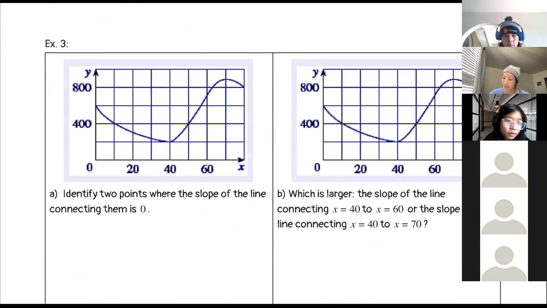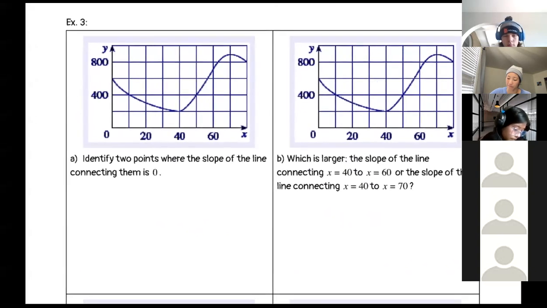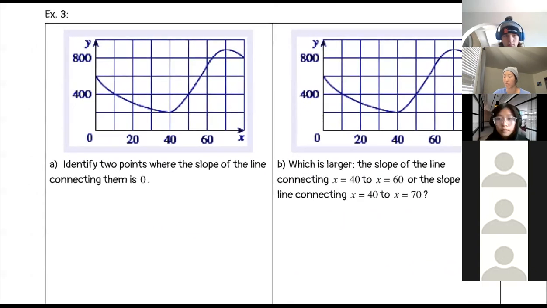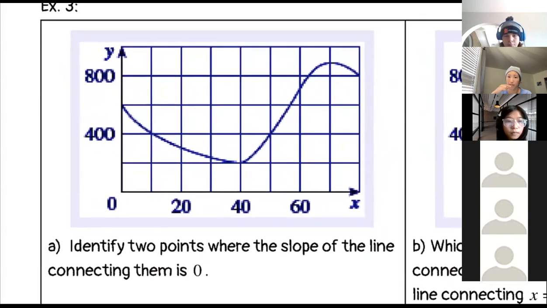The next few questions are less computational and more about comparing graphs of slope. For part A of example 3, what did people get in their groups? Maybe we can zoom out a little bit so we can focus on just the graph.